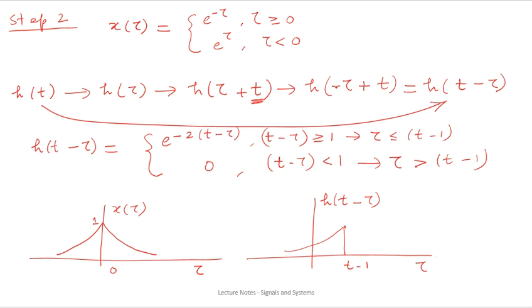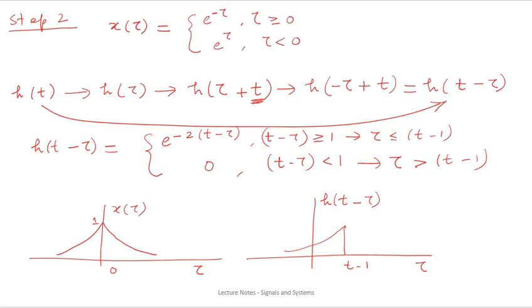So just by your previous knowledge of the first unit, you can obtain this h of t minus tau waveform from h of t.